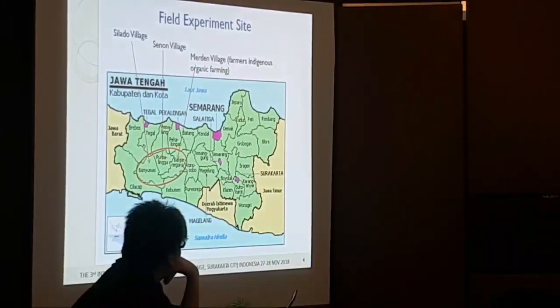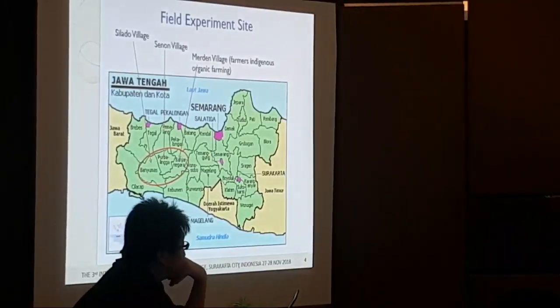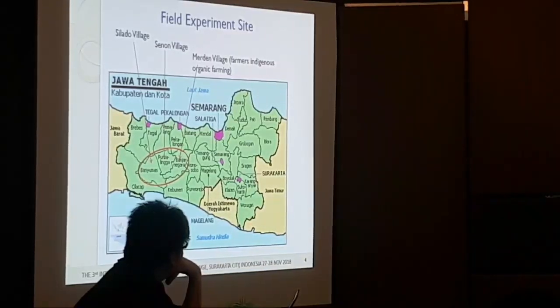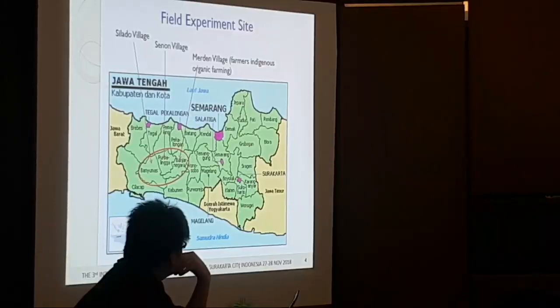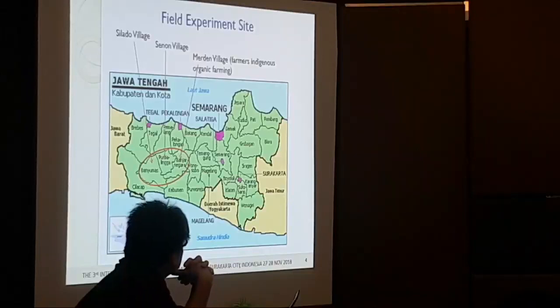We have Virgin Village in Banjarnegara, Senan Village in Purbalingga, and Silado Village in Banyumas. For the 2 sites in each village, one is applied with the CSA management, and 1 site is for the farmers practice. So we just compare these 2 managements.